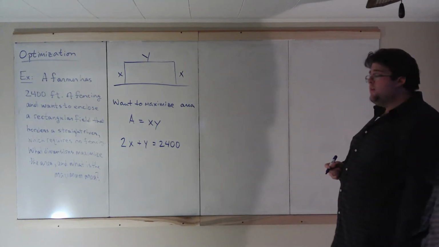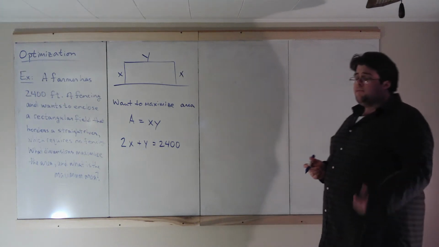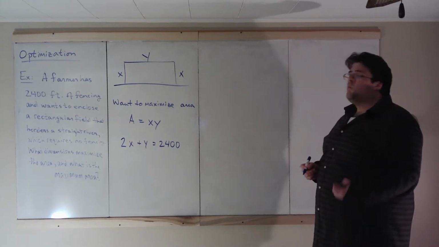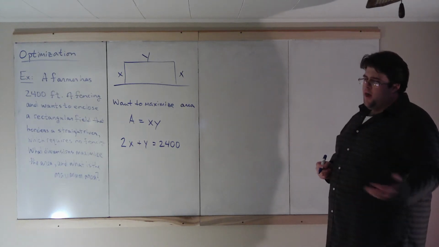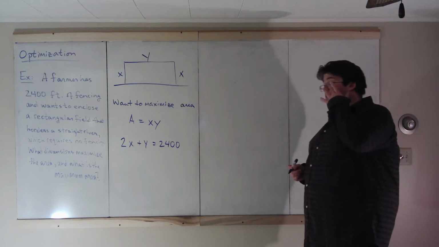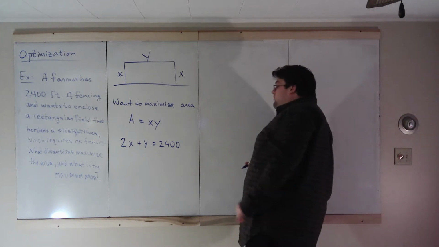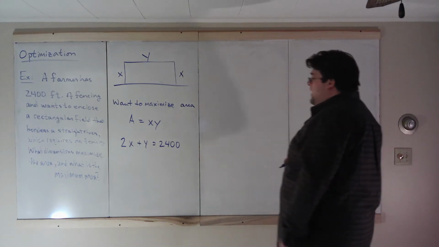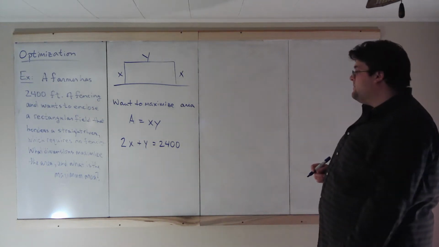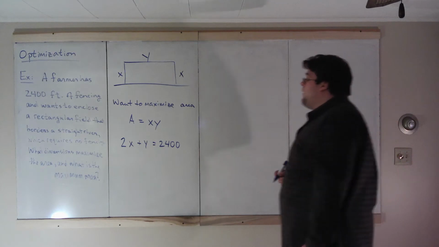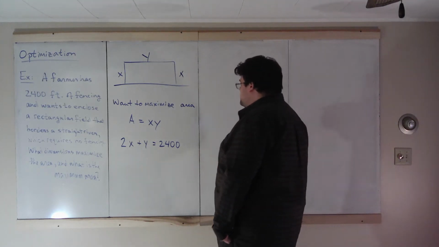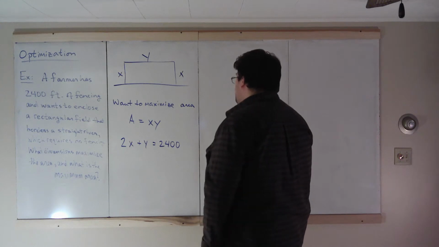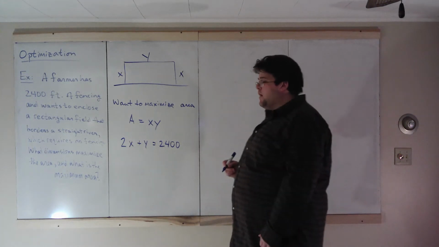Now, with this constraint, we can find a closed interval on which our x and y, I like working with x, because I'm used to working with x in calculus, but with this, we can find a closed interval that defines our possible x values. Do I want to do that first, or do I want to do the other thing first? Well, let's keep that in mind. I'm going to do the other thing first.